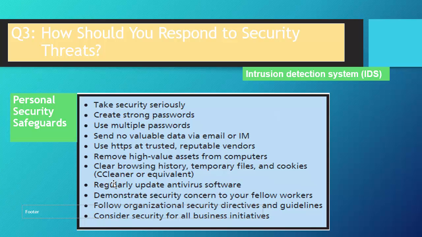One other thing I want to point out is that these are the personal security safeguards, but you can also have an intrusion detection system. That's a computer program that senses when another computer is trying to scan or access the computer or network you're on.